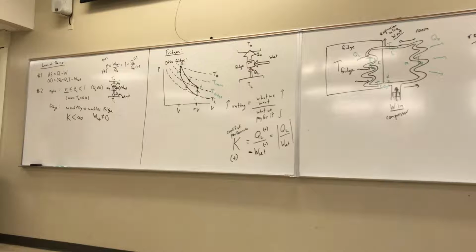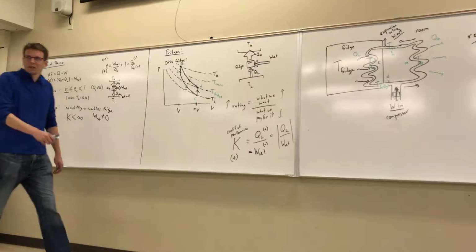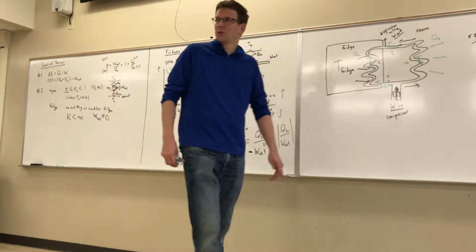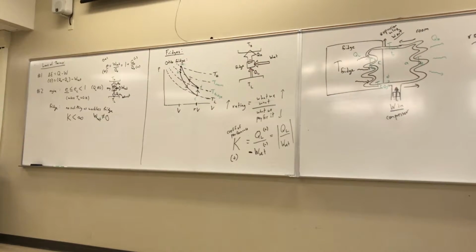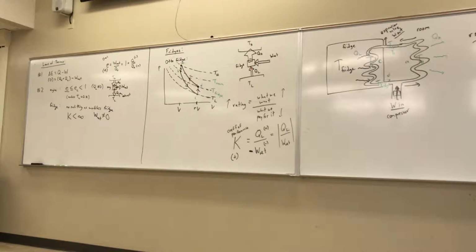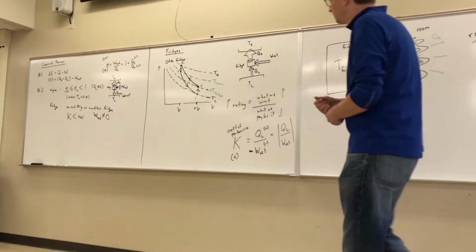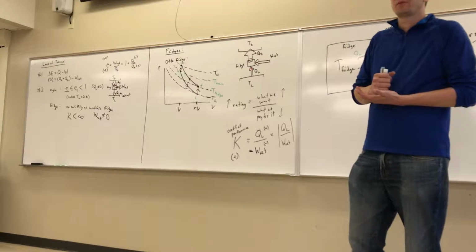That's a way to state the second law of thermodynamics in terms of a refrigerator: whenever you want heat to flow from cold to hot, you need to do net work input. Does that make sense?